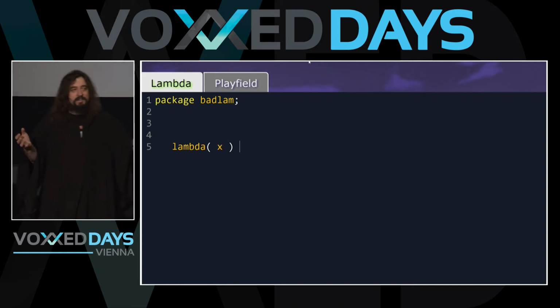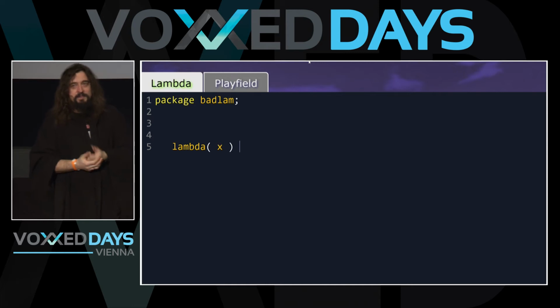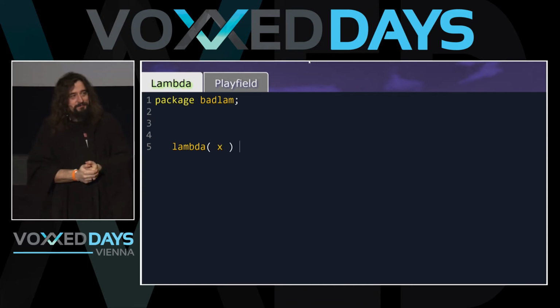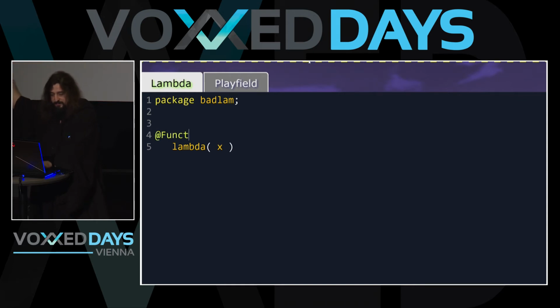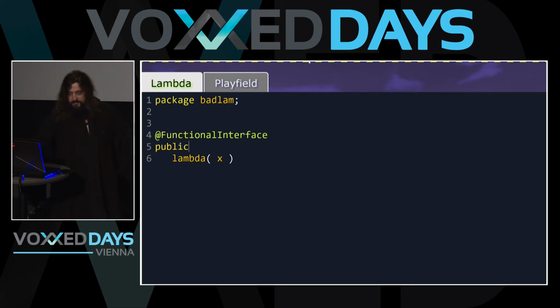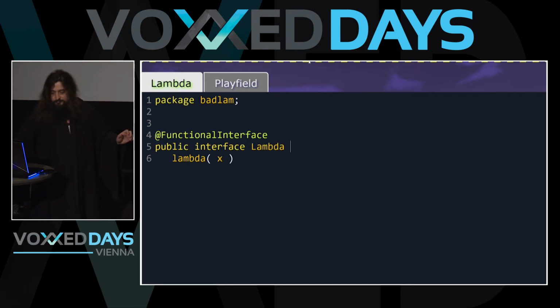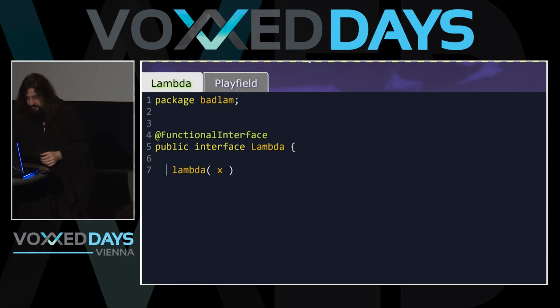But let's talk about interfaces. Can we define lambda as an interface? Okay, so I will help you, hopefully, with that. Let's think about a functional interface defined like this. Functional interface, and we'll call it Lambda.